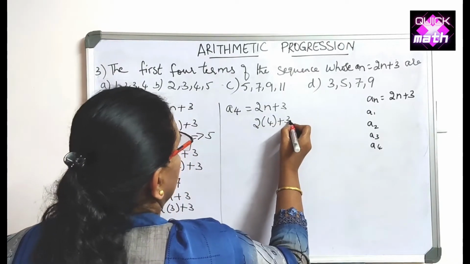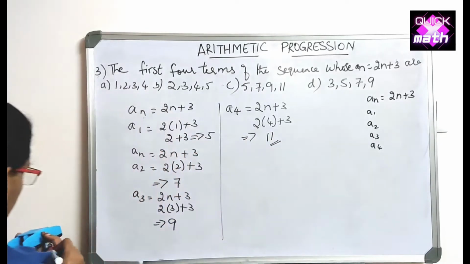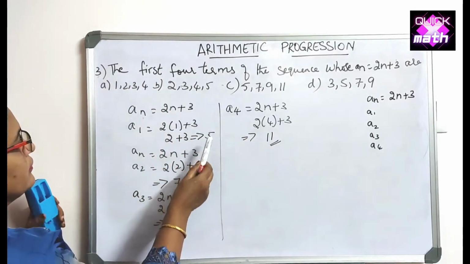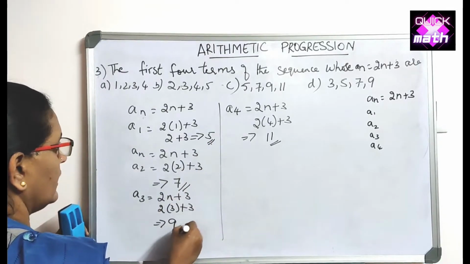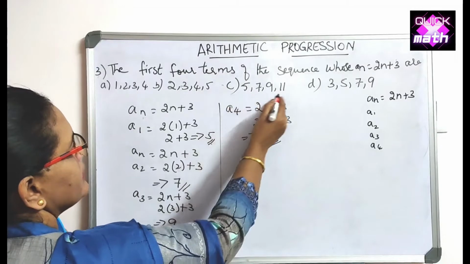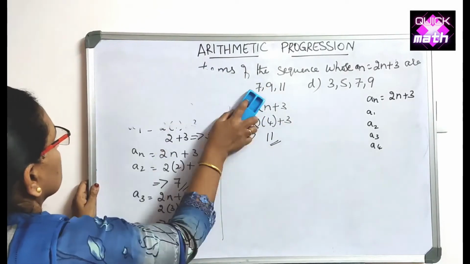And a4, 2 4s are 8, 8 plus 3, 11. So now where is the option? That is 5, 7, 9 and 11. 5, 7, 9, 11 is the C option, your right answer.